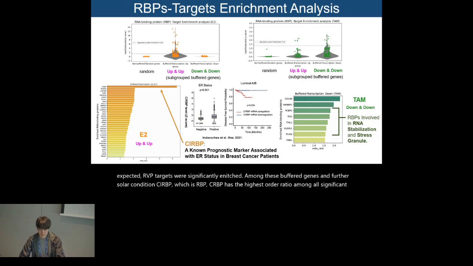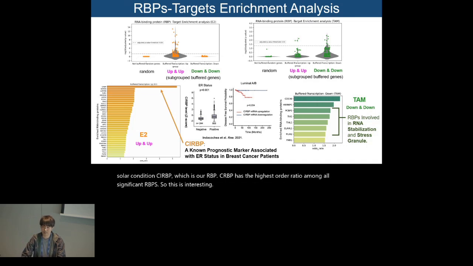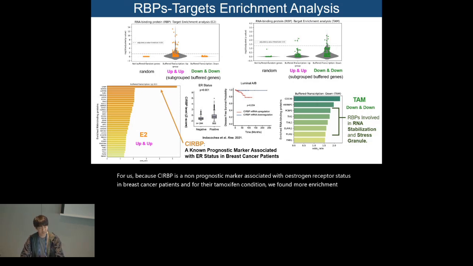This is interesting for us because CIRBP is a known prognostic marker associated with estrogen receptor status in breast cancer patients. And for the tamoxifen condition, we found more enrichment of RBP targets in the subgroup of buffered genes where both transcription and degradation were downregulated.